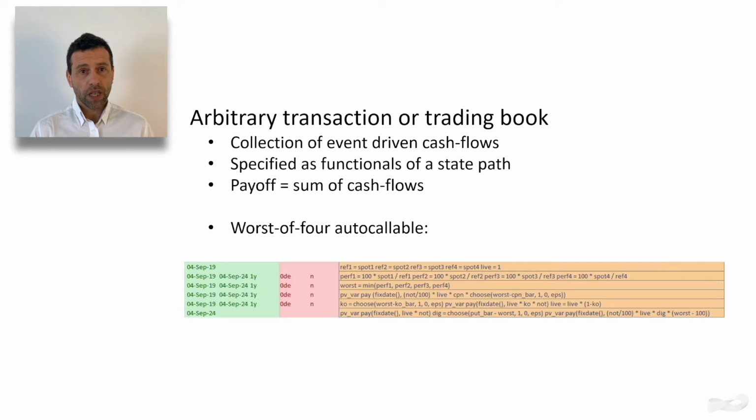More generally, derivative systems specify transactions with some way of describing their cash flows as functionals of the path of the market variables. Modern systems often include domain-specific scripting languages for the description of cash flows. For example, this is a worst of 4 autocallable transaction described in Danske Bank's proprietary scripting language.